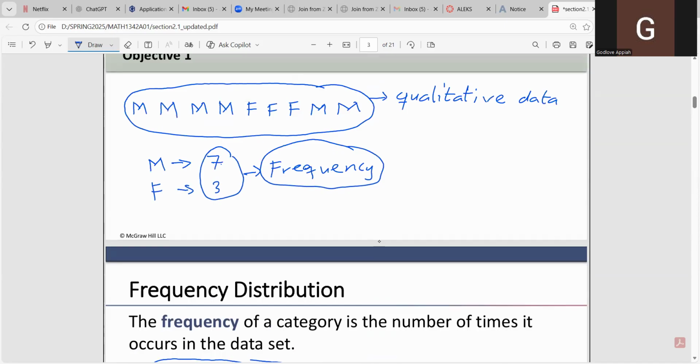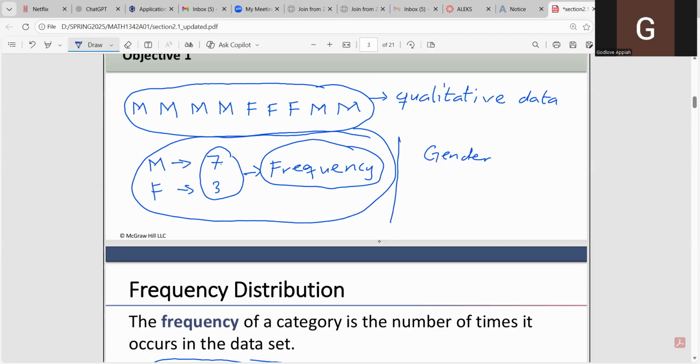If we put all of this information into a tabular form, then that table is simply called a frequency distribution table. Let's suppose that we have a table. The first column would be the gender column, and the second column is going to be the frequency column.